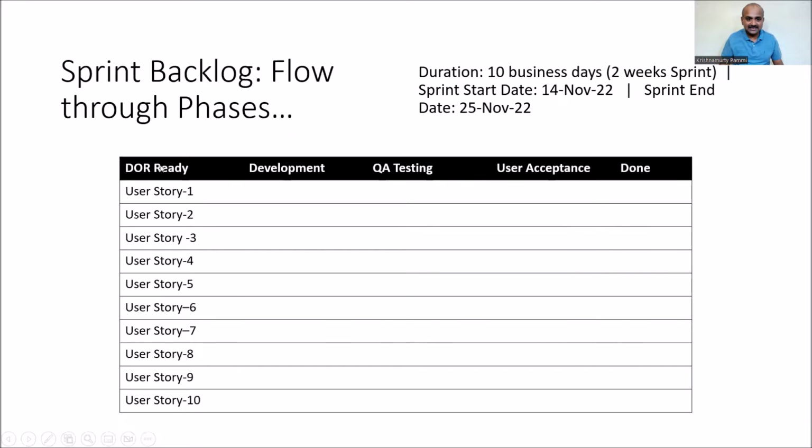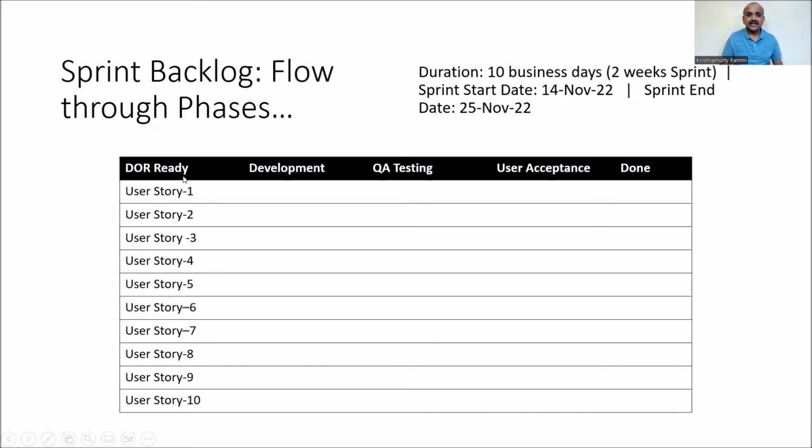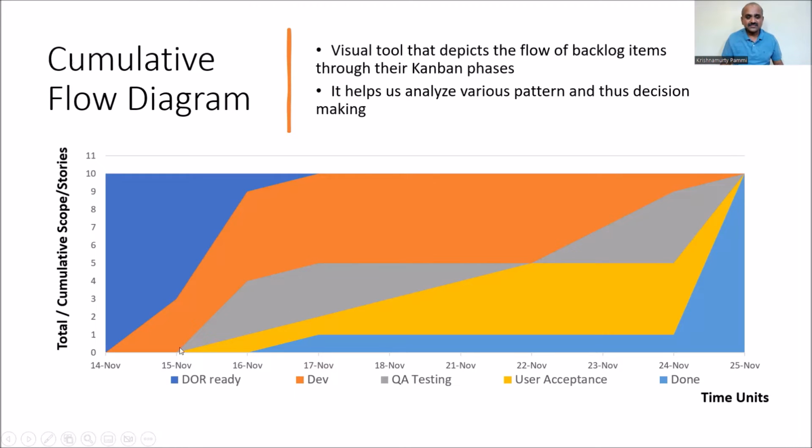For example, if you see here, there are 10 stories we have signed up. Now, if you see here, total 10 will be there. At any given day, what are the total features that are there in your queue, irrespective of DOR ready, development, QA testing, user acceptance testing, and deployment? What are the total features that are there is what it tracks. So it takes the total features that we have signed up, and then it adds up, right?